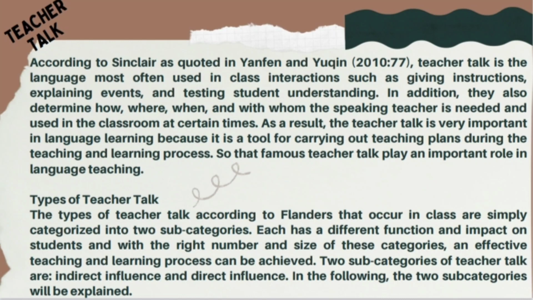Teacher talk, according to Sinclair as quoted in Yanfen and Yuqin 2010, is the language most often used in class interaction, such as giving instruction, explaining events, and testing student understanding.